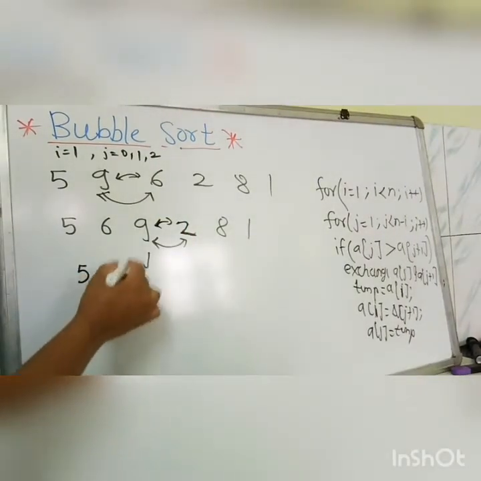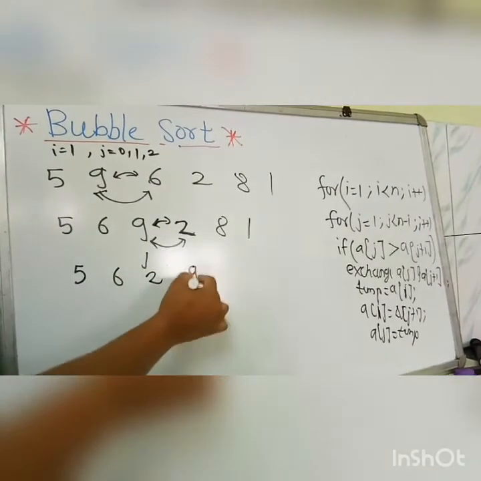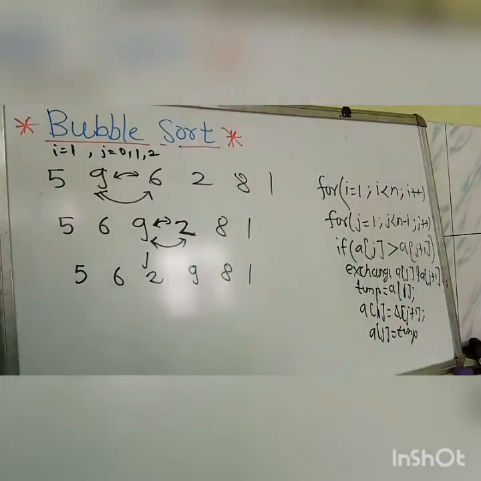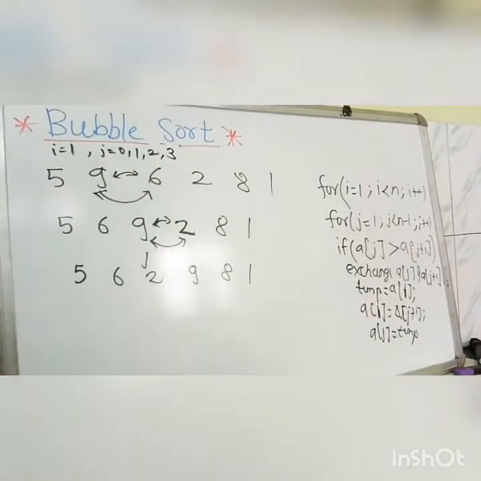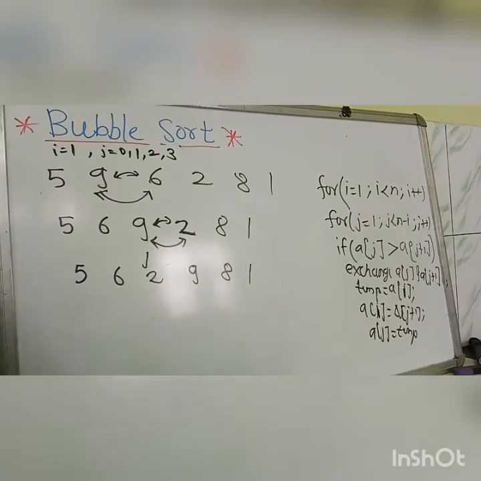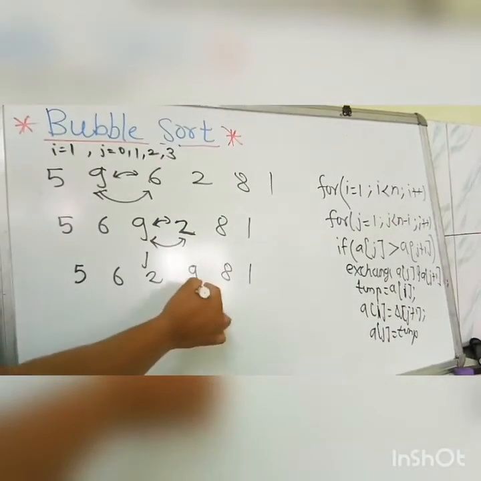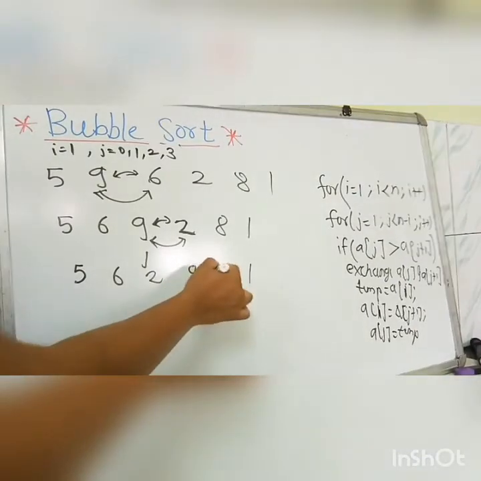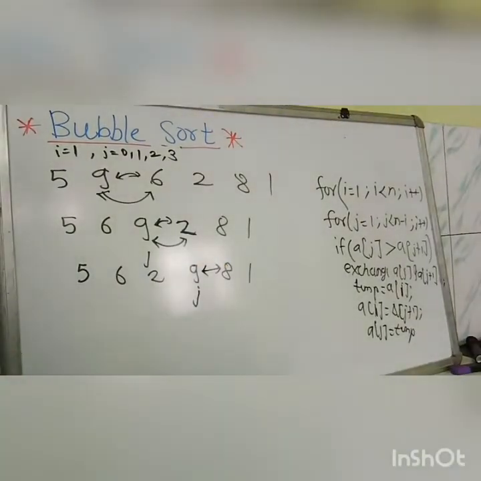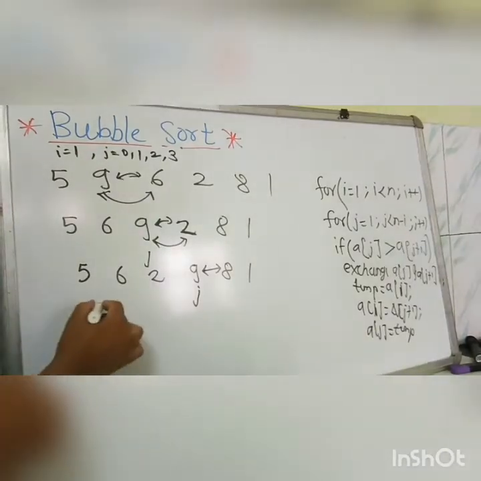So our next output becomes 5, 6, 2, 9, 8, 1. Next we shift to the third place, that is j equals 3. Here also 9 is greater than 8, so exchange these two elements.